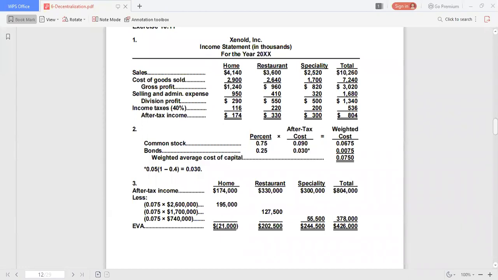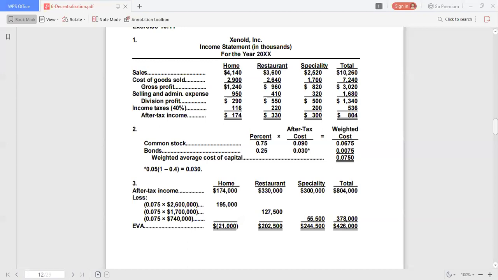So we now get the difference as economic value added. So the after-tax income, that's the actual income, and then we deduct the required rate of return. The required rate of return, which is 75 percent or 0.7075.